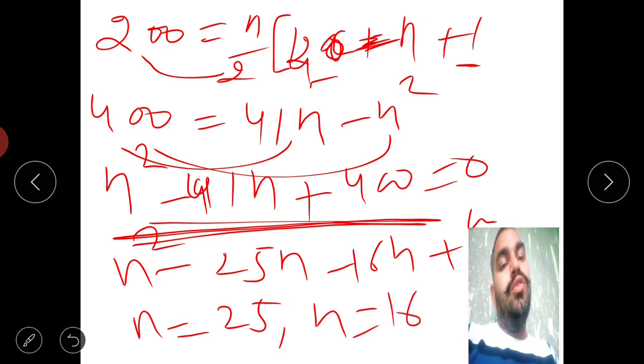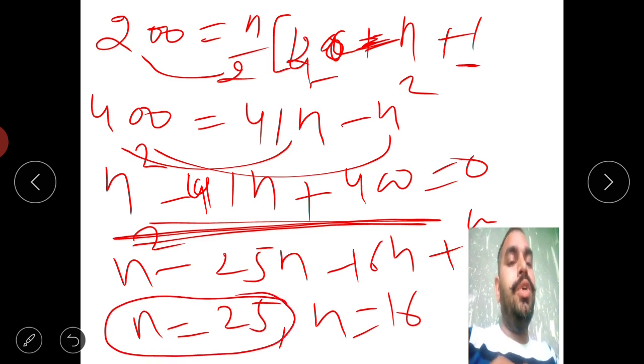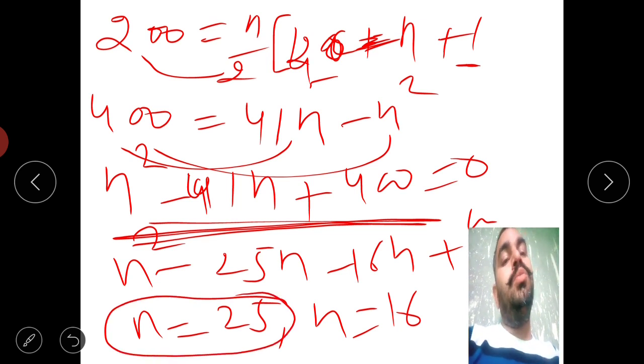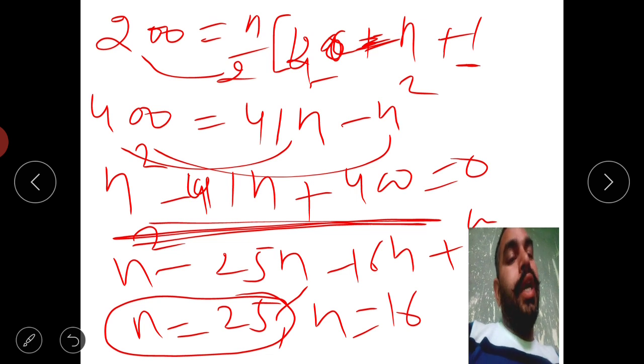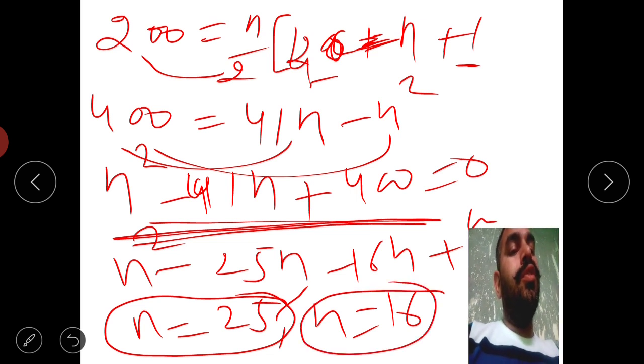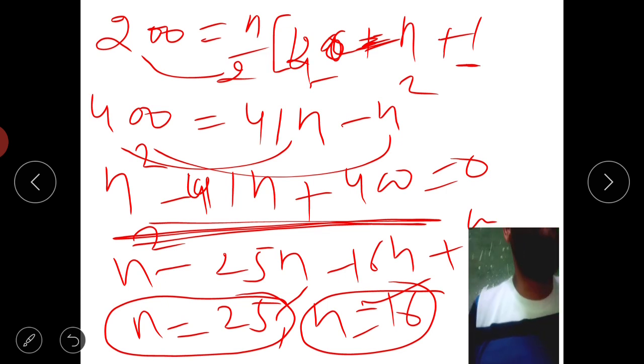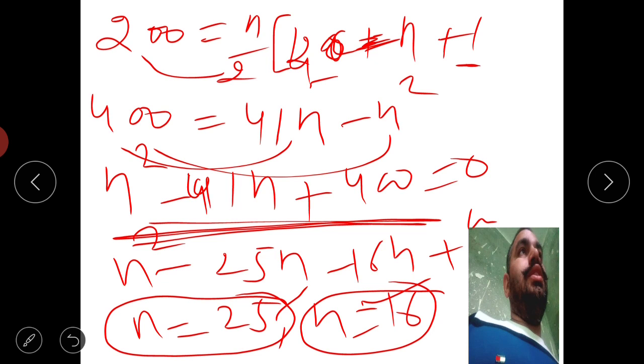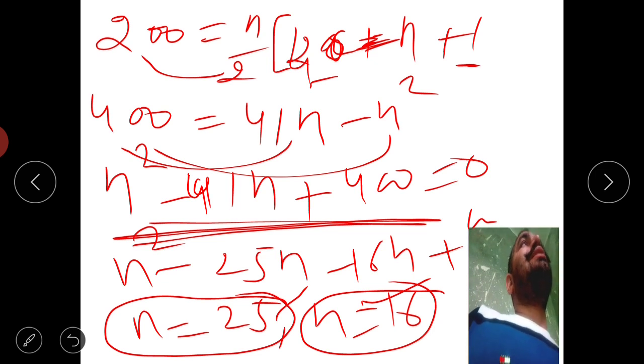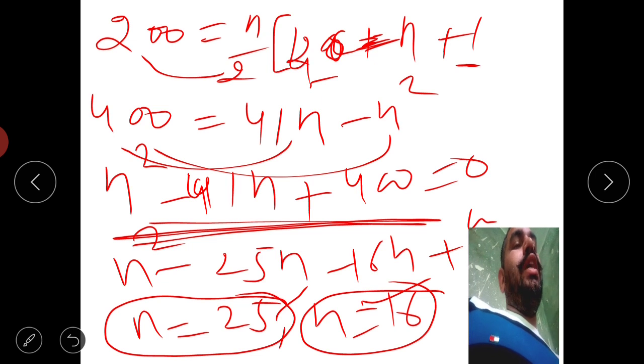So the n = 25 value is not possible. Why not possible? You give me the answer. So n is 16, so the number of rows is 16. Now find the number of logs in the 16th row. So how can you find out? Put the nth term, an where n is 16, so a plus 15d.